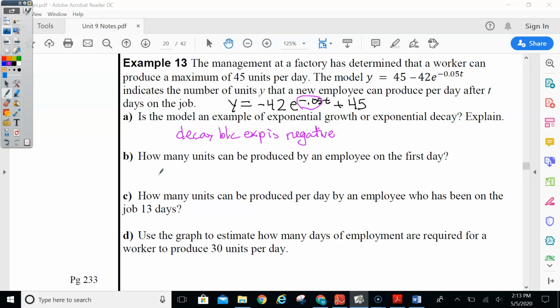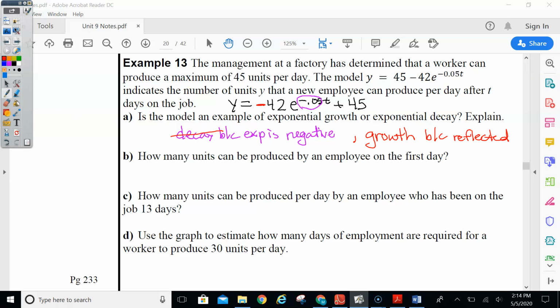However, like we talked about when we did transformations of just any function, since the function itself is negative, that's going to make it reflect over the x-axis, which switches it to growth. So yes, it's decay because the exponent's negative, but then it turns to growth because it's reflected. And I'll show you what this graph looks like in just a second so you can see that it's actually growing.